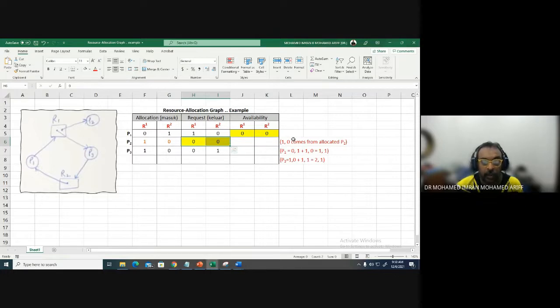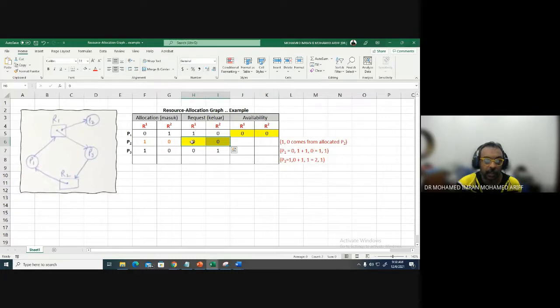Meaning P2 boleh jalan dulu. Because selepas P2 jalan, dia tak request apa. Dia apa yang dia beri, dia proses, dan that's it. Dia takkan keluarkan apa-apa kat situ. Okay. That is why P2 will go first.